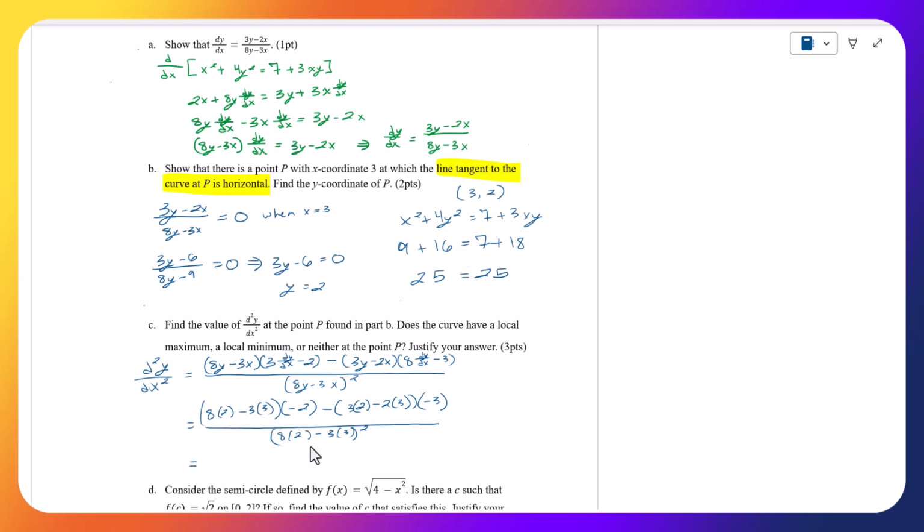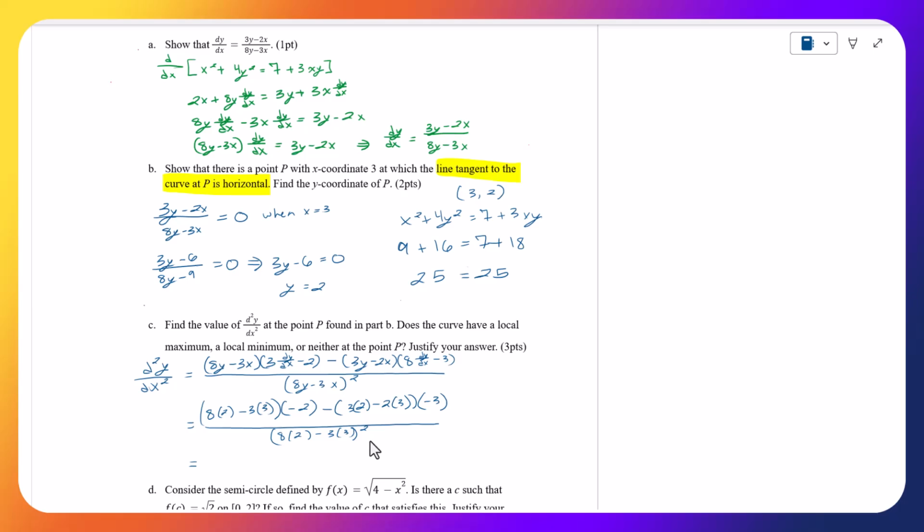This thing is divided by itself, and this one is squared. So this is just negative 2 divided by 8 times 2 minus 3 times 3. These are common factors on our numerator and denominator. So this one goes away, and this one just gets an exponent of 1 using our exponent rules.